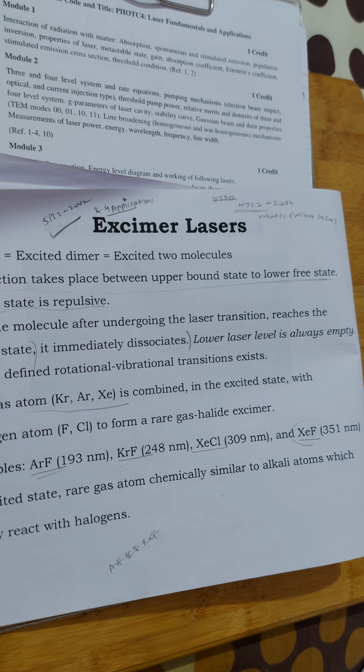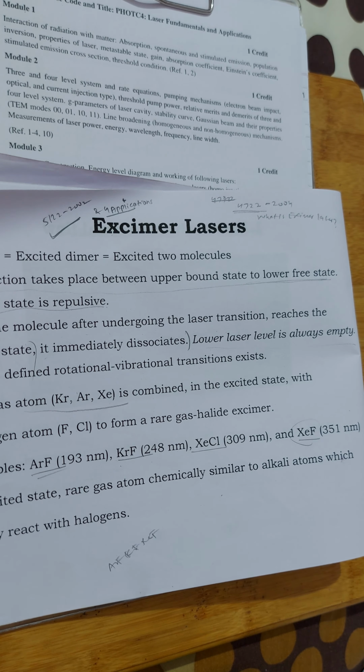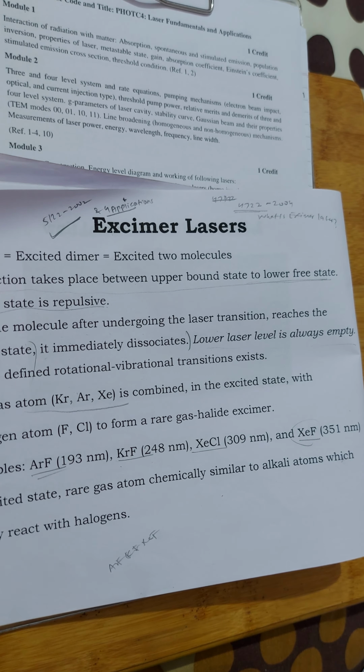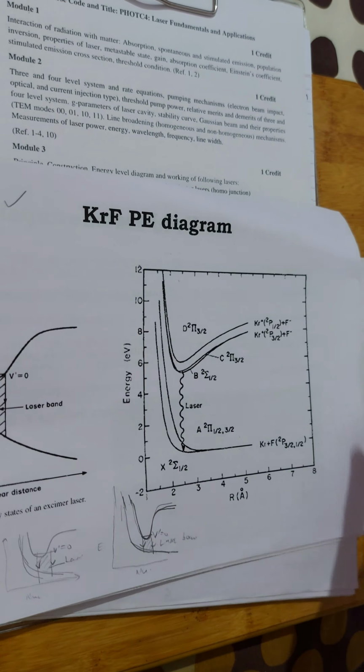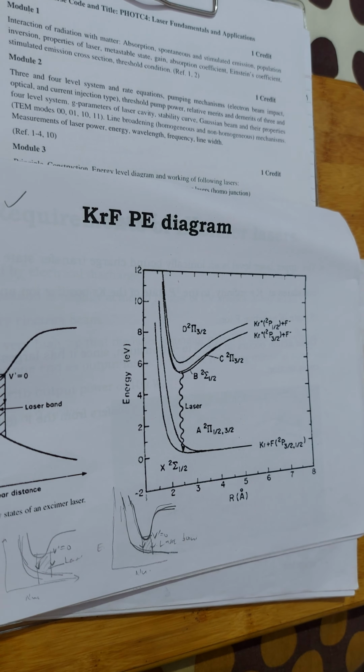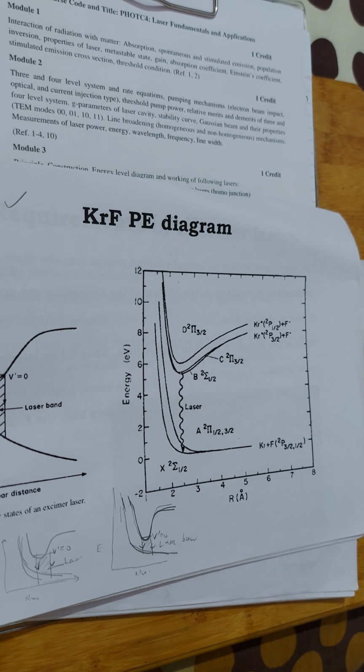The active medium of these lasers consists of diatomic molecules, and a few things I am repeating again, that can be bound into a single system when they are in the excited state only. These diatomic molecules exist only as monomers in the ground state, as they repel one another at interatomic distance.